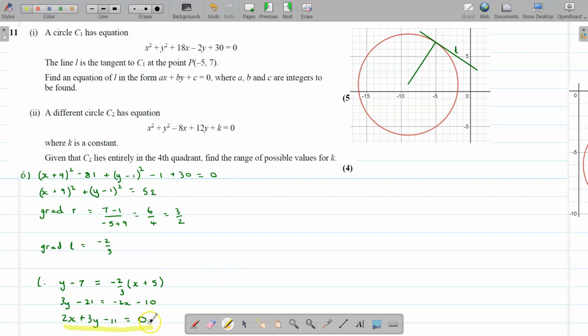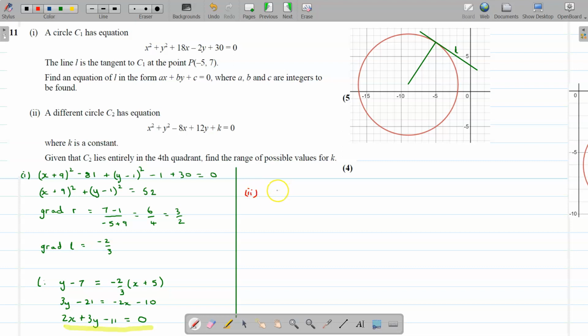Now we have a different circle, C2, which has that equation given in the question here. Let me just partition this off, and we can work on this over here. So let's move on to C2, and the same sort of process to start with. Part 2.